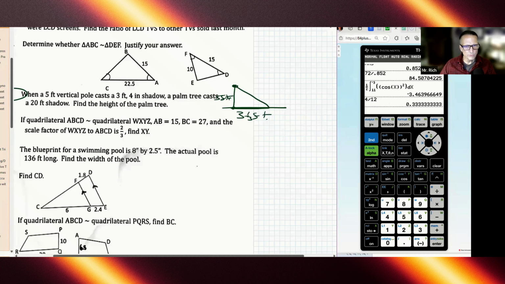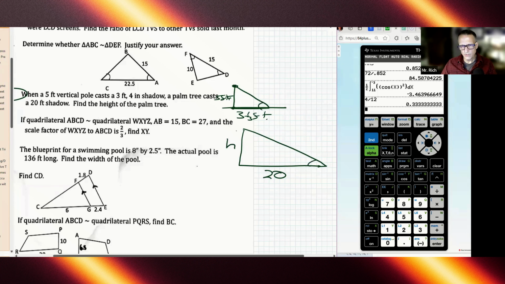But then there's another situation where there's a palm tree in the same sunlight. We don't know its height, h, but we do know that it casts a 20-foot shadow down here. Since presumably these 2 objects, the pole and the palm tree, are facing the same sunlight, these angles would be congruent.